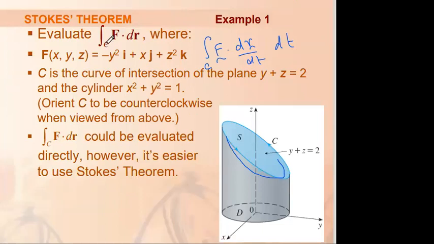So Stokes says this line integral is the same as the double integral of adding up all the local property. What is the local property?